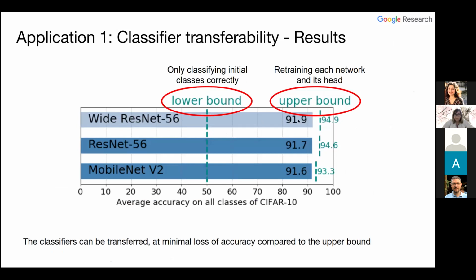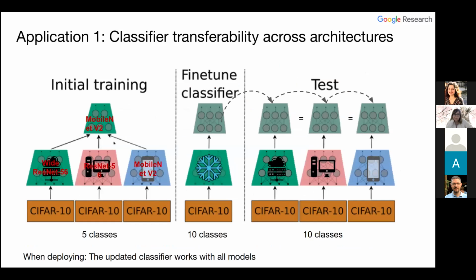Here we get quite close to the upper bound, which shows that we can produce a classifier on one network and then transfer it to the other ones. We lose some accuracy compared to the upper bound, but it works reasonably well. And again, the gap is partially because we don't have perfect compatibility, but also partially because we unified this classification head. So it's not the optimal classification head for all the feature extractors, just because we need to select a single one.